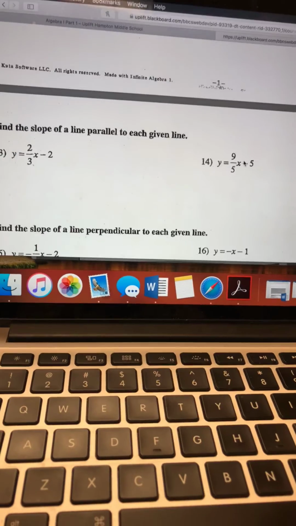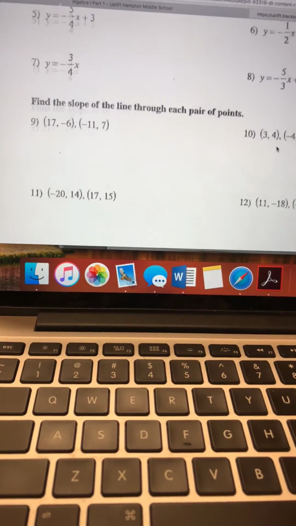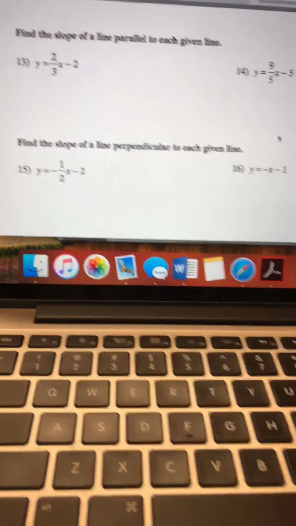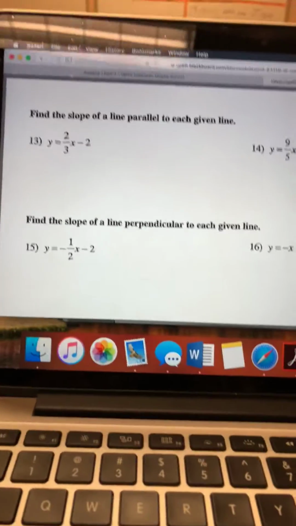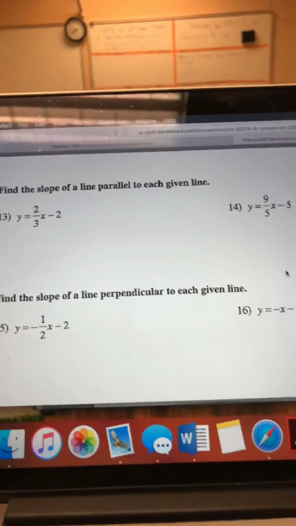Go ahead and try 11 and 12 with partners. And after you finish that, I'll move on to parallels and perpendiculars.